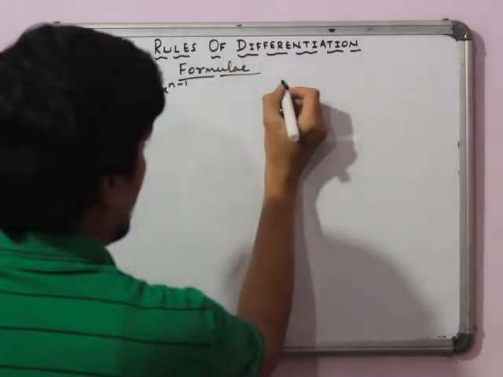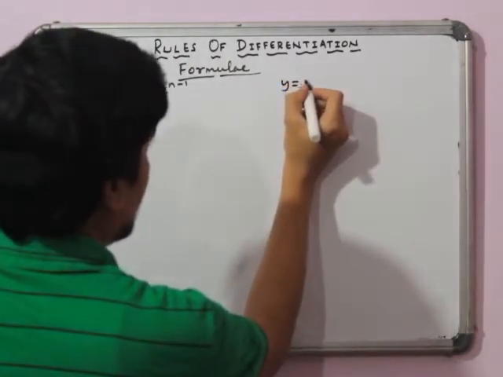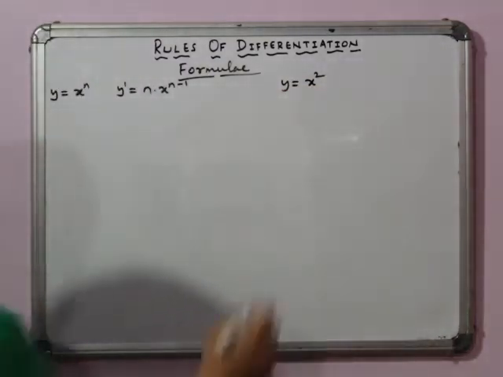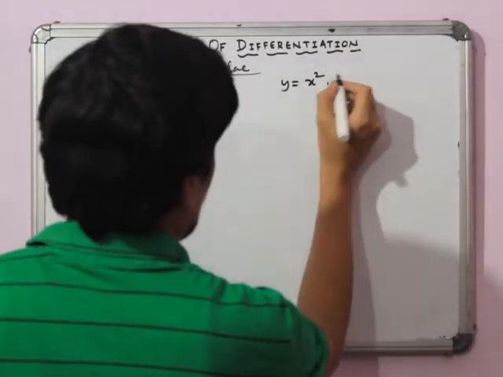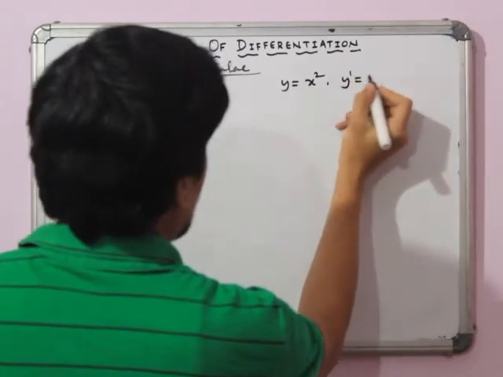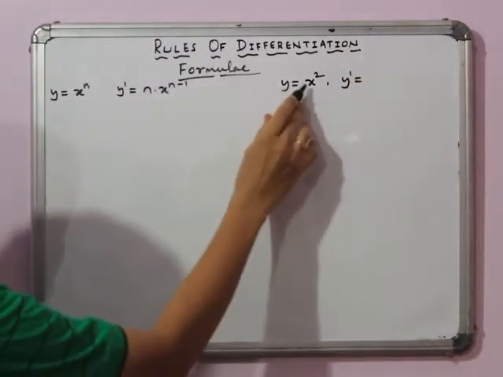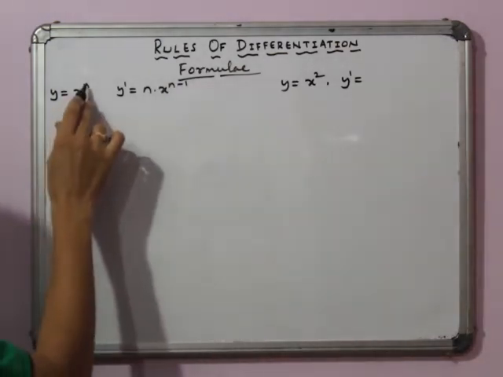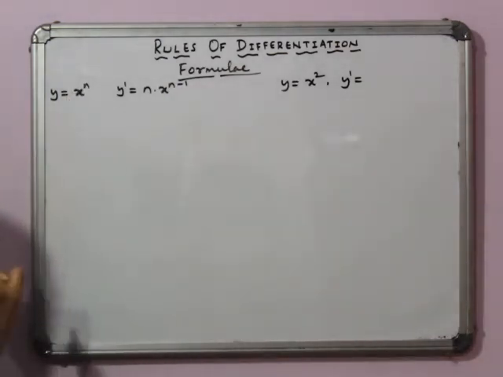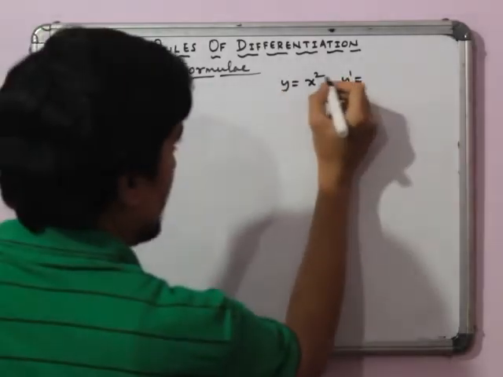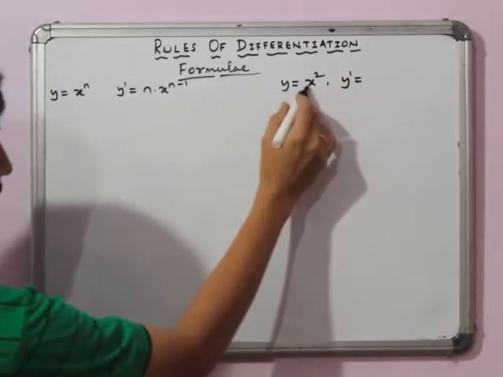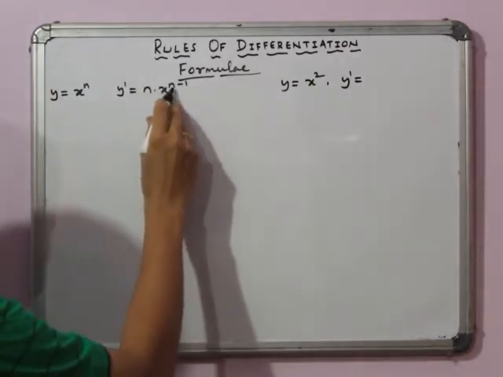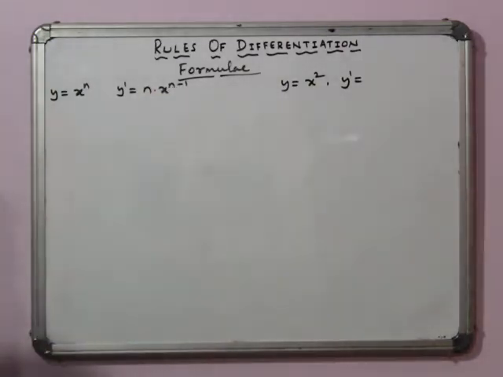If y is equal to, say I have a function like this, x square. y is equal to x square. y dash is equal to, so here whenever you have x to the power of a constant, here x to the power of n, here n is a constant. So how to write it? Use this formula, n into x raised to n minus 1. It is so simple.